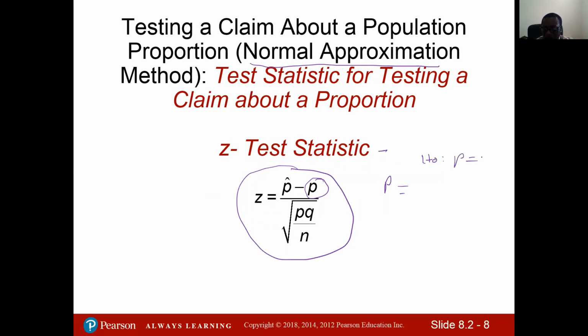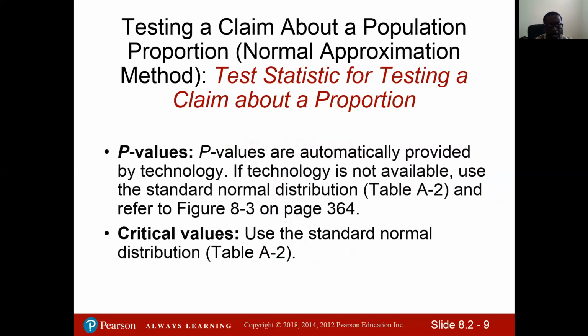So if your p is 0.4, then that is what p is about. And again, its q is 1 minus p. So if you have all three requirements satisfied, then we use a normal distribution, that's using the z table, to test the claim.